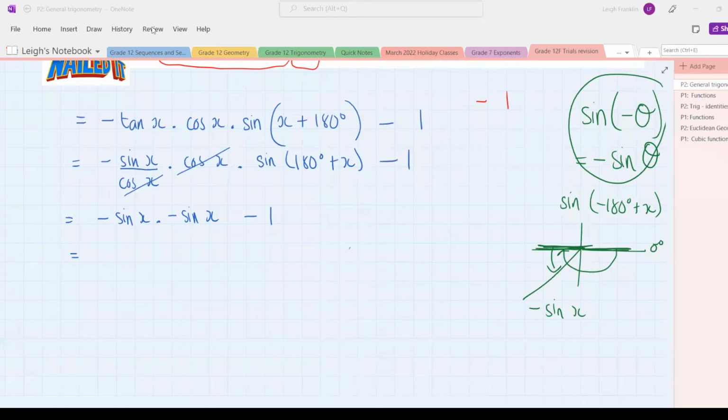Ma'am, I think it would be better if you perhaps expanded sine x minus 180 so that everyone could understand it. What do you mean expanded it? Sine 180 plus x is a reduction formula from grade 11. You're working in the third quadrant.